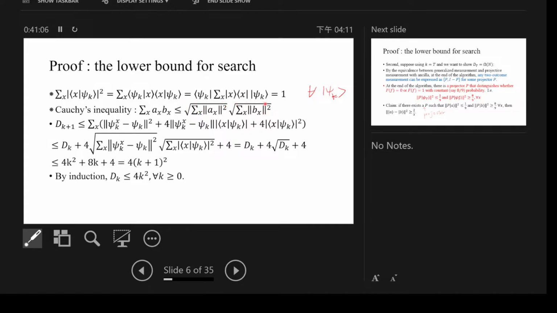Then also for vector b, you have this sum of squares, taking a square root. So this is Cauchy-Schwarz. And then we have Cauchy-Schwarz here, and let's see what we do.